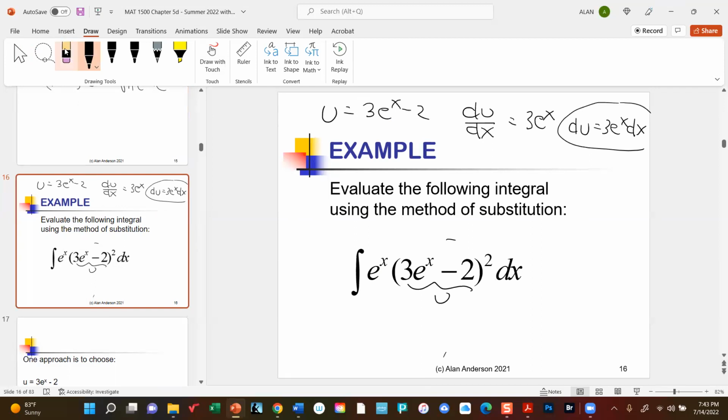Okay, now this is one of those cases where we don't quite have the du that we need. But we've dealt with this before. See, there's the problem right there. We need 3e to the x dx. We don't quite have it, but we're only missing a constant. So that means we can supply it ourselves by doing this.